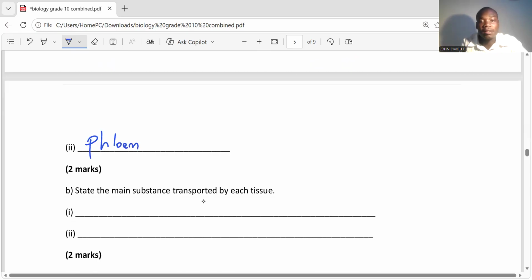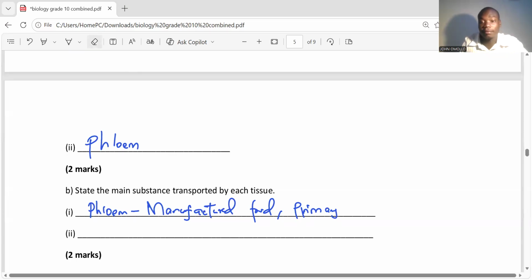State the main substance transported by each tissue. Phloem. What does phloem transport? Manufactured food, primarily glucose, or sugar, primarily.